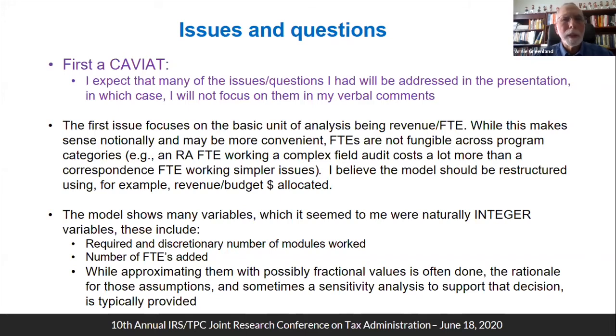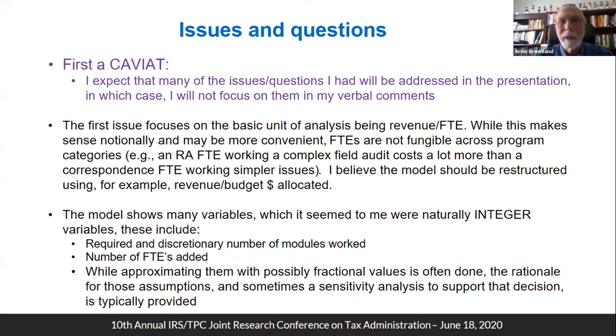I'll ask a few questions very quickly, and make a comment. I thought the focus on FTEs was probably not conforming with what actually happens within the IRS, which is allocating dollars of budget. So notionally, it might make some sense.